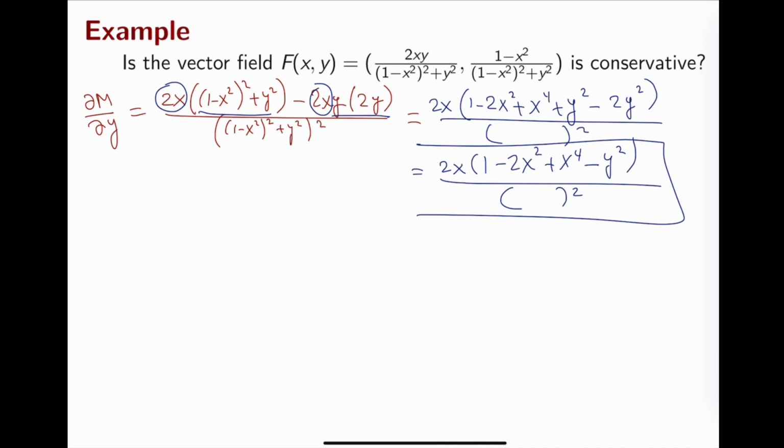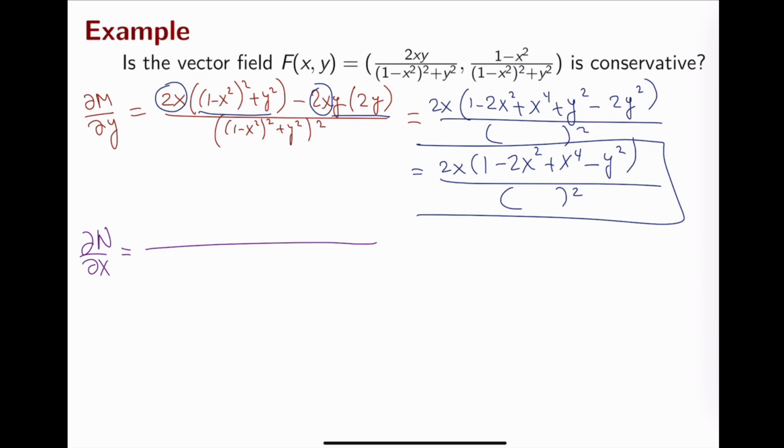So let's continue now with the derivative of n with respect to x. Again, it's going to be a quotient because this other part, the n, is also a quotient. So we start the derivative of this quotient, now with respect to x.